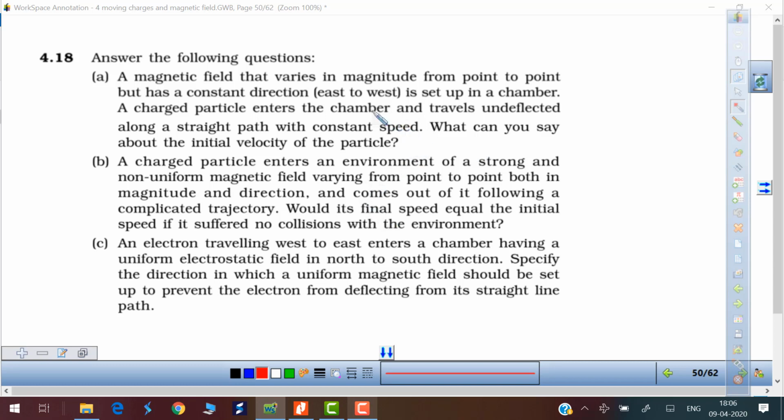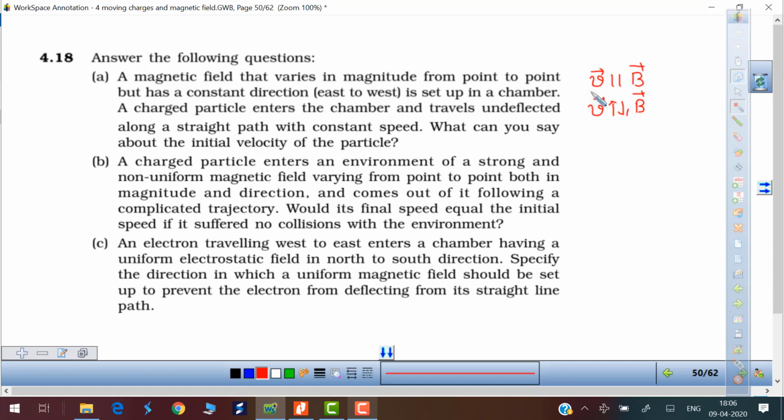So we know that a magnetic field deflects the direction. It doesn't change the magnitude. Here it is not deflected, which means V must be parallel or anti-parallel to B. That is sure.